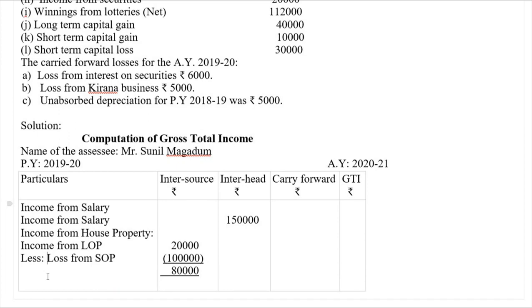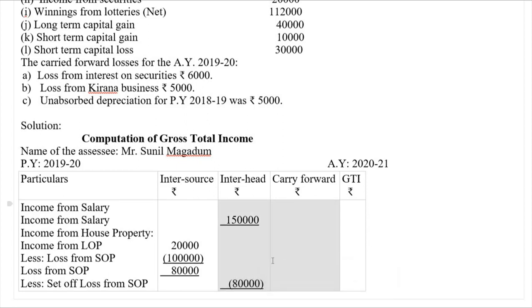This is loss from SOP or from house property which can be adjusted against. So less set off of loss from SOP, 80,000 here. So let me underline this here. We shall be taken directly to the outer column, rupees 70,000.